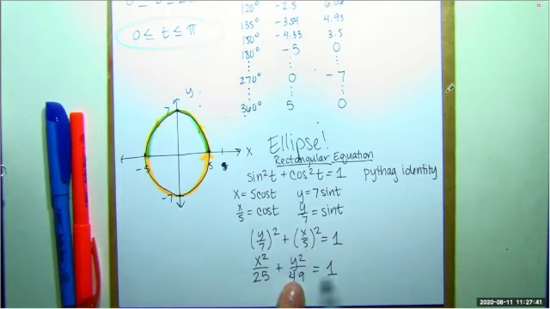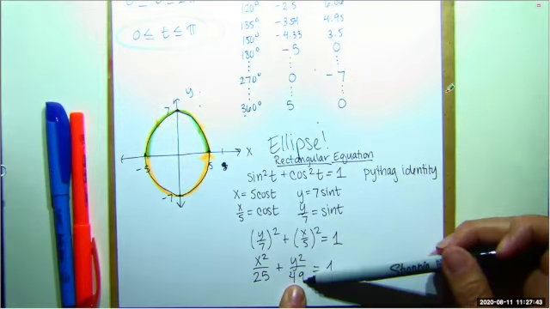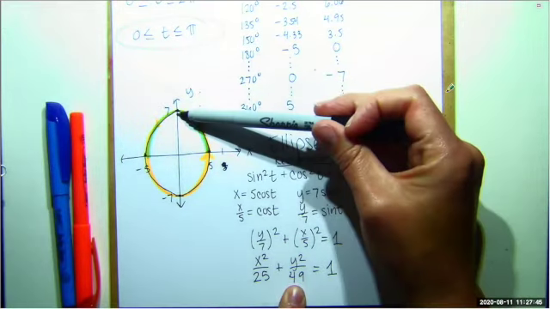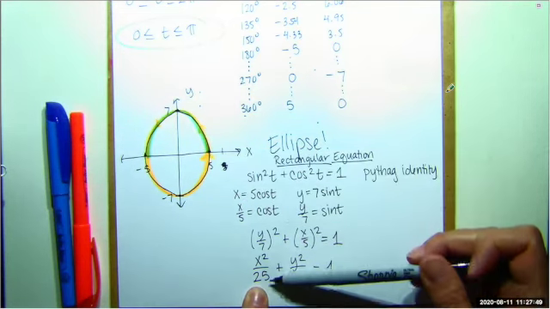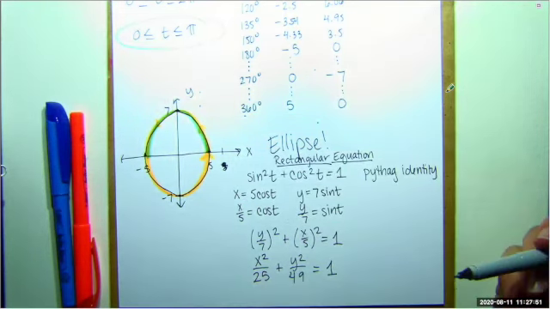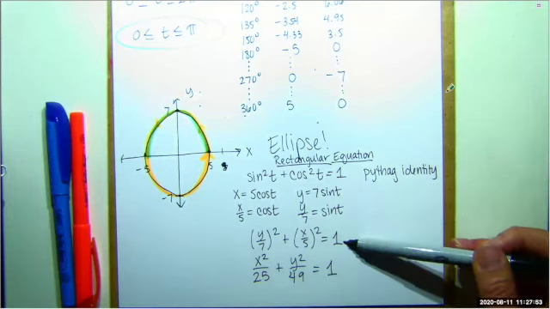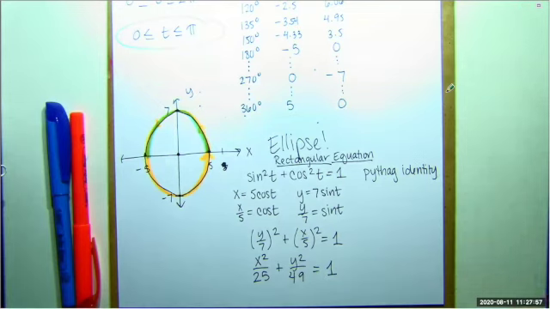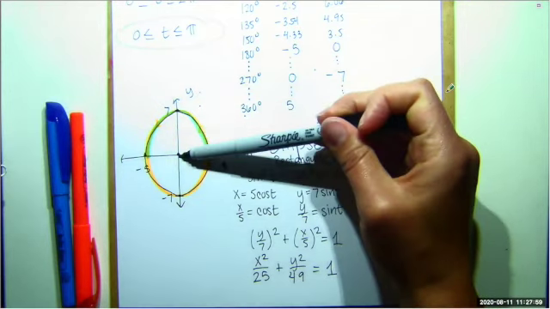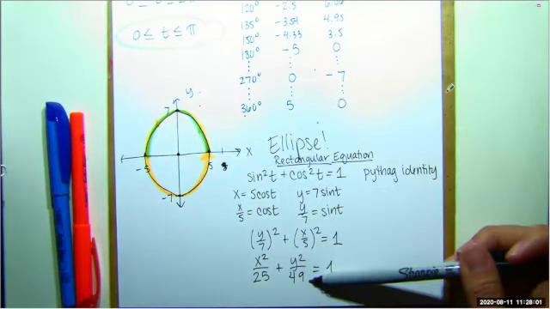The distance from our center out to our vertices is the square root of 49, which is 7, so that looks perfect. And from our center to the points of intersection with the minor axis is the square root of 25, which is 5. Okay, so you can either go through this algebraically, or if you wanted to look at this equation and note that the center was 0, 0, A was 7, B is 5, you could have come up with this from the picture.